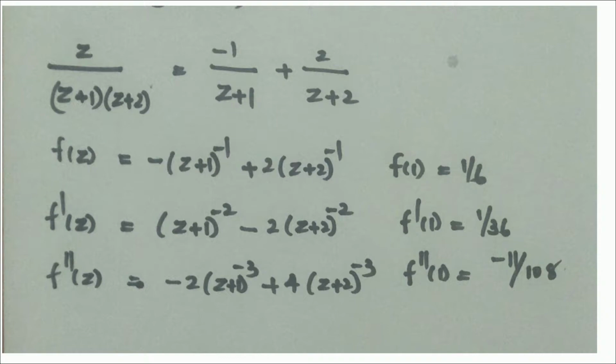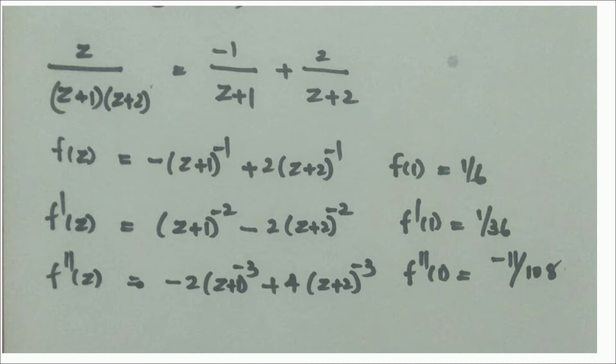So rewrite 1 by (z plus 1) as (z plus 1) raised to minus 1. So you can see f(z) is minus of (z plus 1) raised to minus 1 plus 2 into (z plus 2) raised to minus 1. Next, take its first derivative. f dash z equal to, we know the derivative of x raised to n is n x raised to n minus 1. You apply this result for each term.